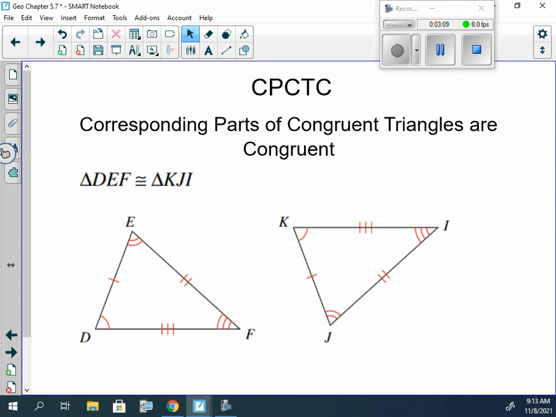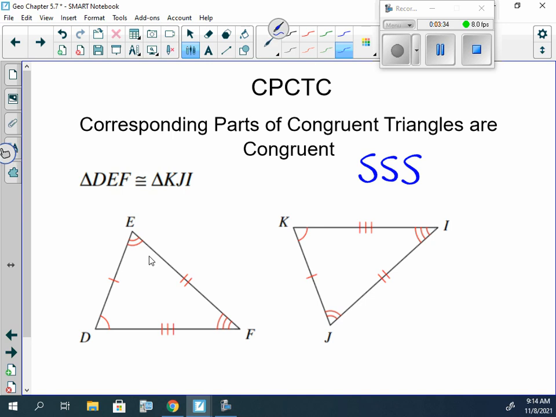Because when two figures are congruent, well, they are the exact same. So once we can show that two triangles are congruent, then we know the rest of it will be congruent as well. The other angles that weren't listed, or the other sides that weren't listed. Because if we prove that two triangles are congruent by side-side-side, we've only talked about the side lengths, yes?